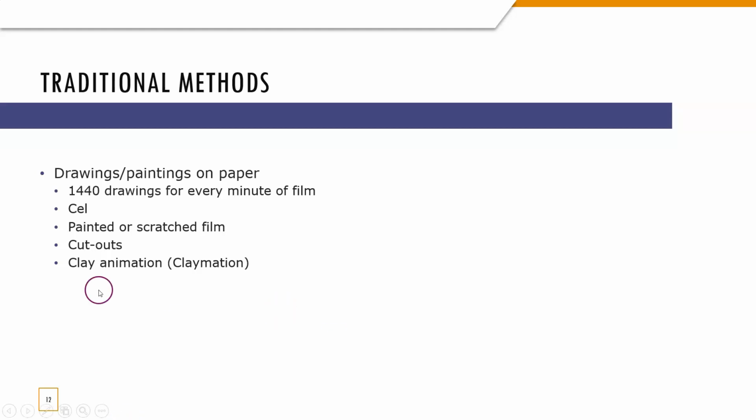Then we have the cell. After you draw the animation, you will paint the animation, cut out, and you will have the clay animation, or you render, which is the term nowadays. You combine the animation.